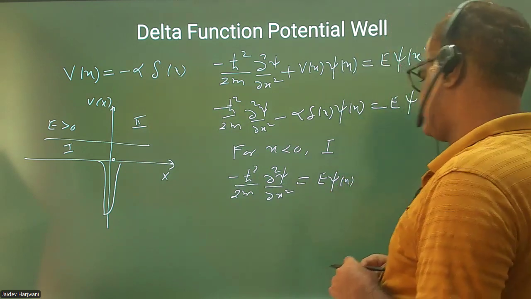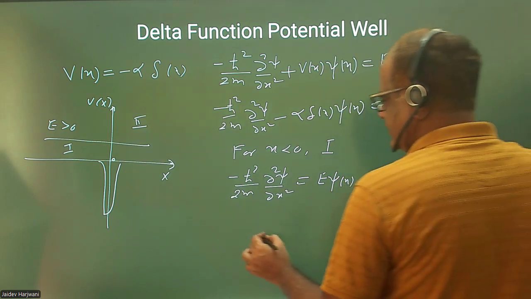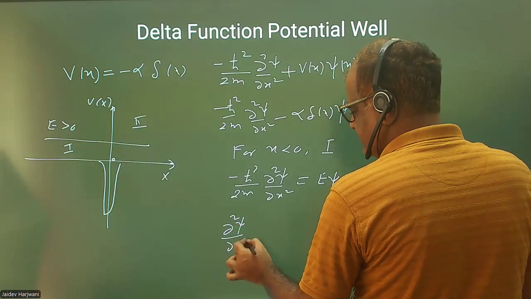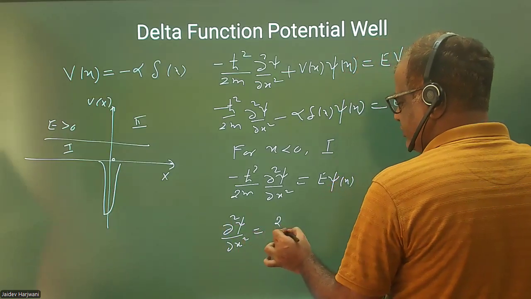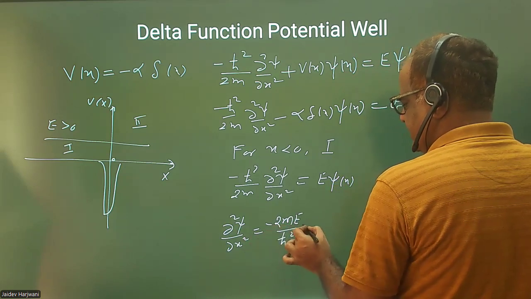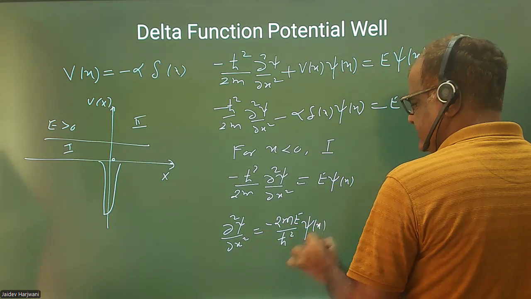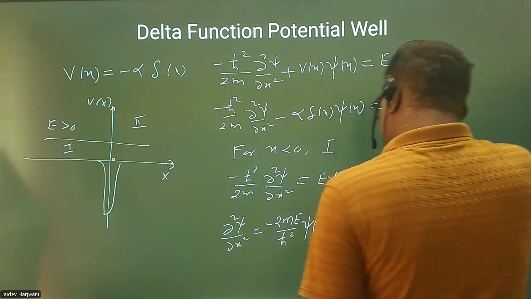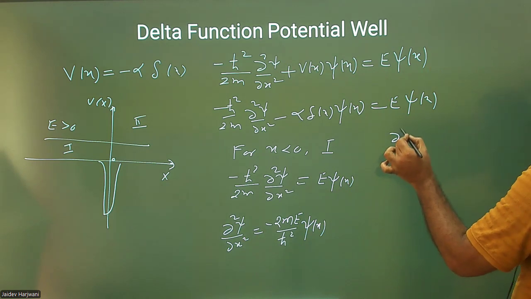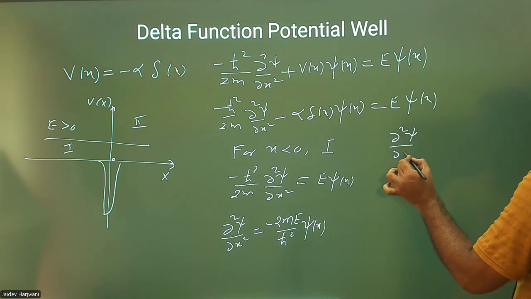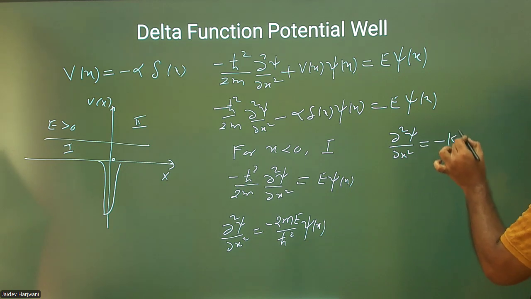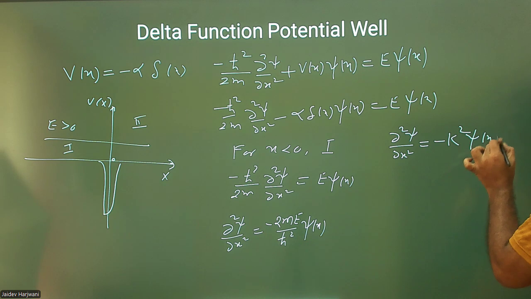This is the equation, and now I can solve it. This gives me ∂²ψ/∂x² equal to -(2mE/ħ²)ψ(x), a very well-known equation. If I write ∂²ψ/∂x² equal to -k²ψ(x).